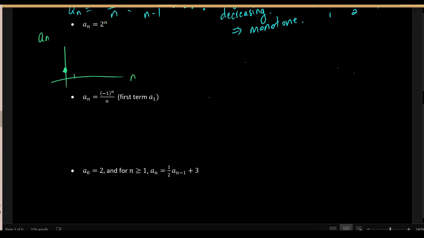When n is equal to 1, the output is 2. When n is equal to 2, the output is 4, and so on. We can see the graph growing in a shape very similar to an exponential function, because geometric sequences behave like exponential functions. Now from the graph, we can see that this sequence is increasing.